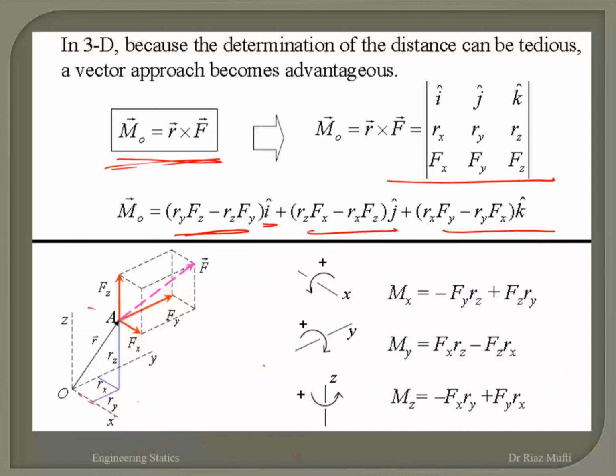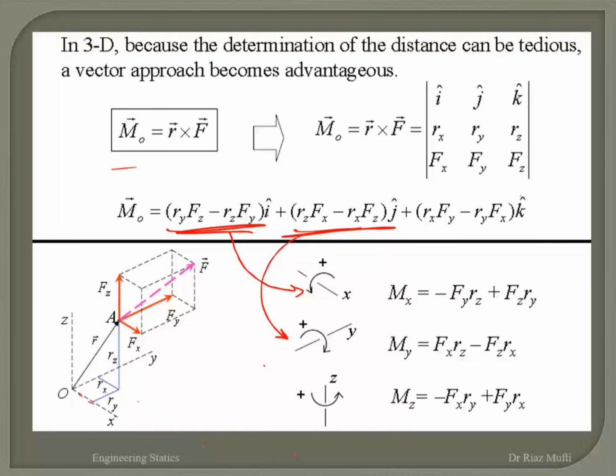And in a very similar fashion, these are basically the other moments created for different axes. So in simple words, this term tries to rotate my x-axis. This term is trying to rotate along the y-axis, and this term is trying to rotate the object along the z-axis. And that's basically the details given here. Is that clear to everyone?